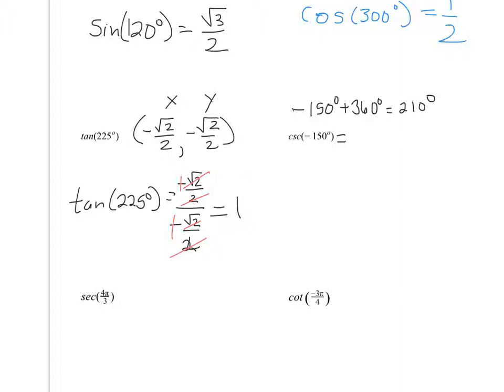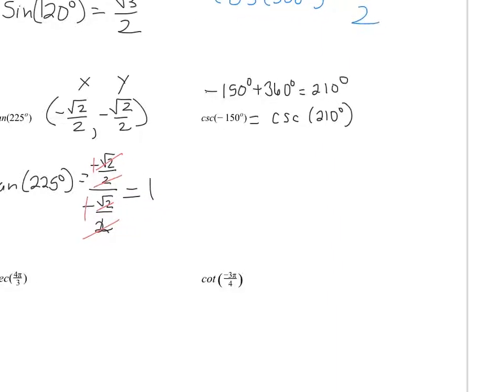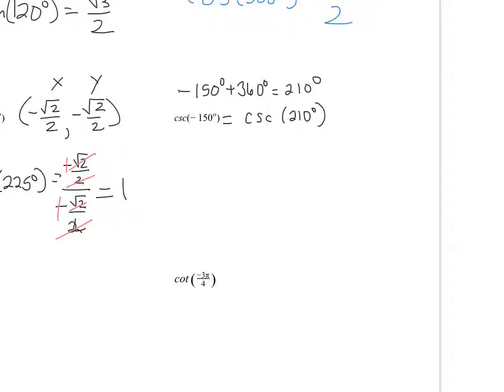So since the circle goes around and repeats itself, the cosecant of negative 150 is the same as the cosecant of 210. So all I'm really going to be using is the point for 210, because that is on our unit circle. So you can always add or subtract, and that works really nicely.